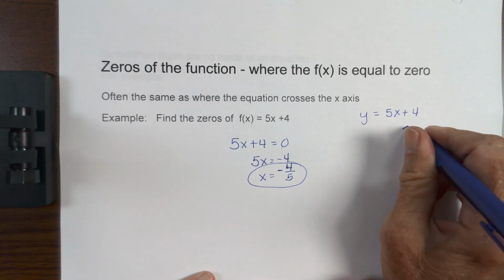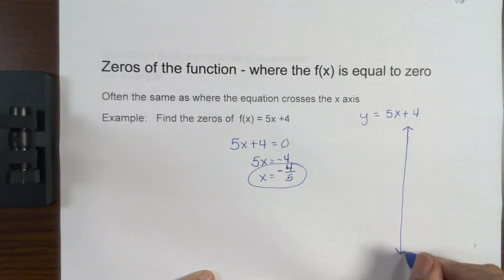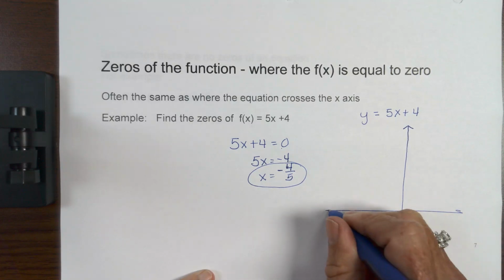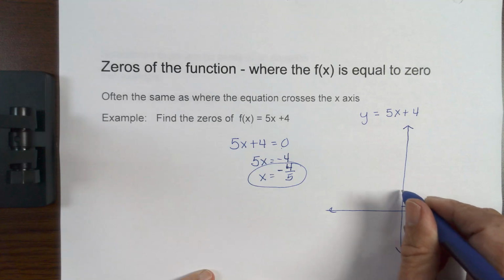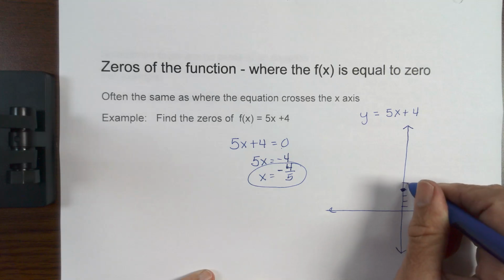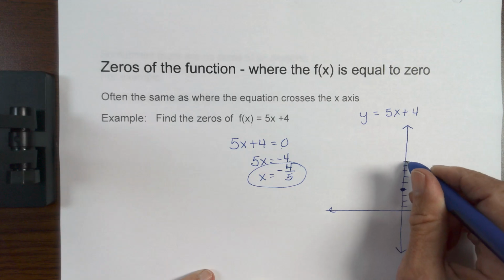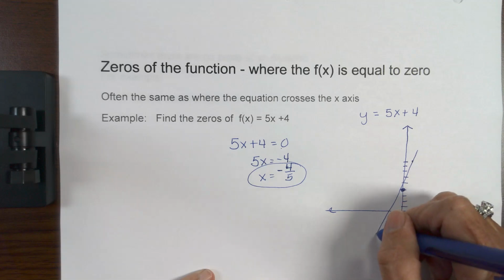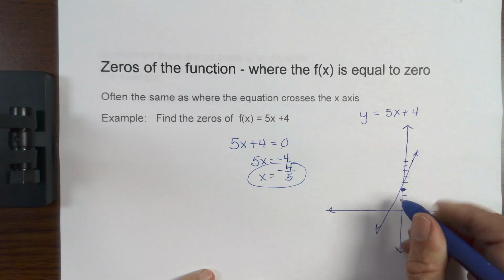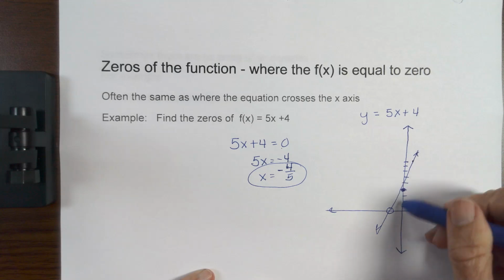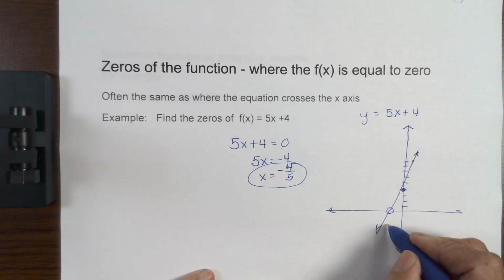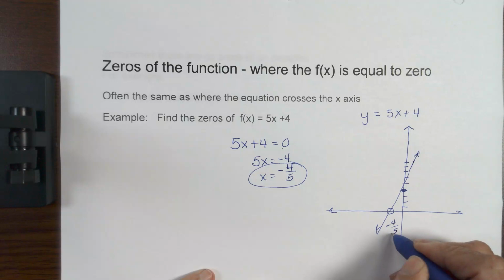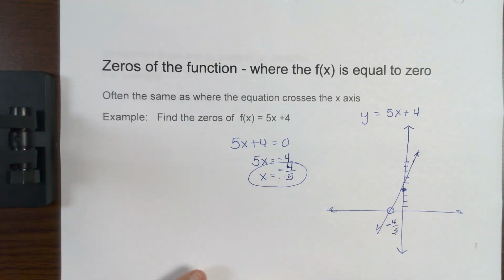If I were to graph this, where it crosses down here, well, actually I missed the line, but it would cross at negative 4/5. So that's where you see it's the same thing.